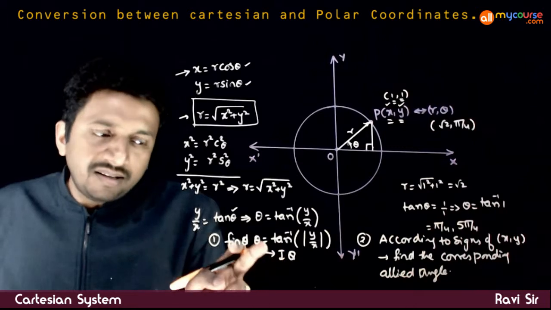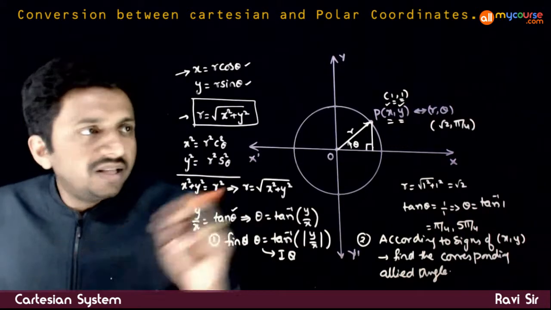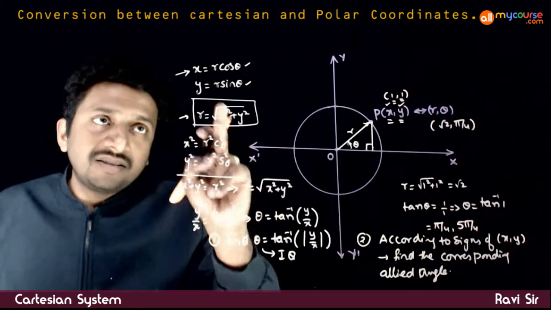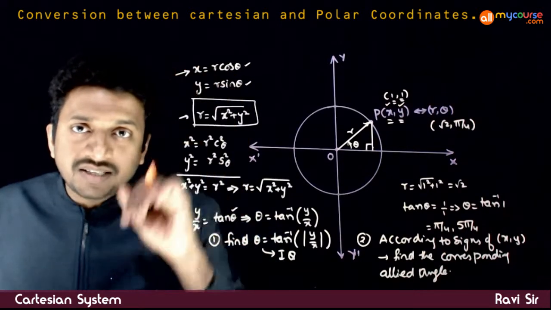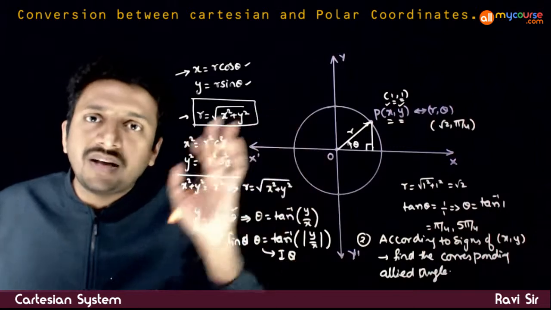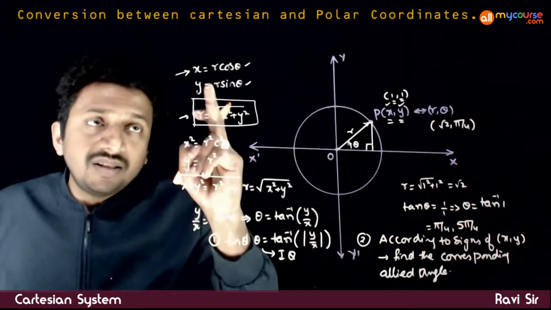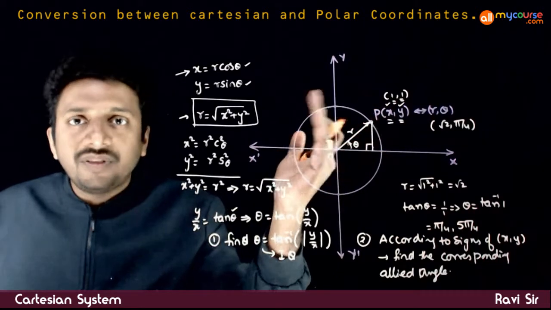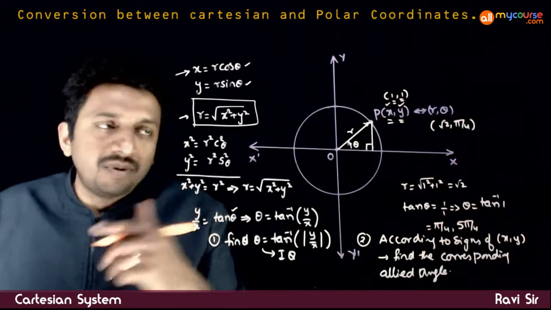For example, if you get theta equal to pi by 4, and the coordinates x and y are such that x is negative and y is positive, that means the point lies in the second quadrant. So what is the allied angle to pi by 4 in the second quadrant? Pi minus pi by 4.